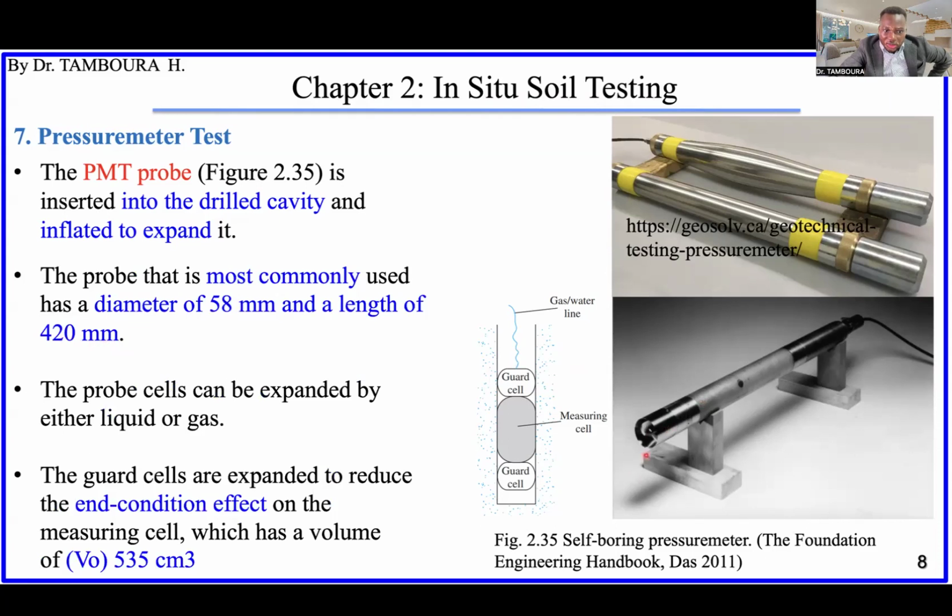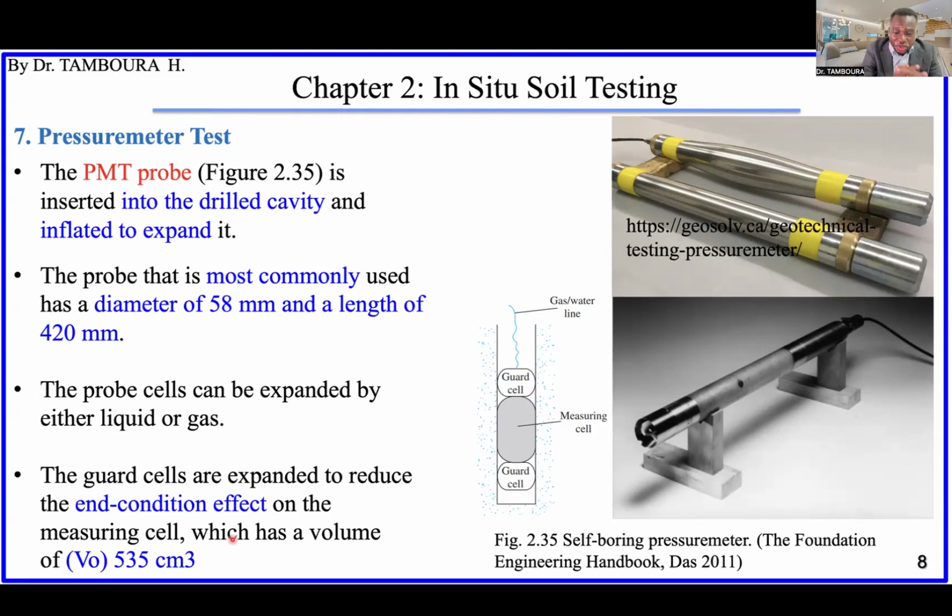And the guard cells, here and here, as I was saying, are expanded to reduce the end condition effect in the measuring cell, which has a volume of about, please remember this because we will use this in an example soon, 535 cubic centimeter. This is the initial volume of the probe.